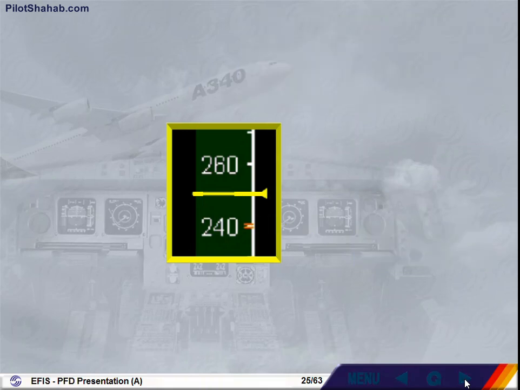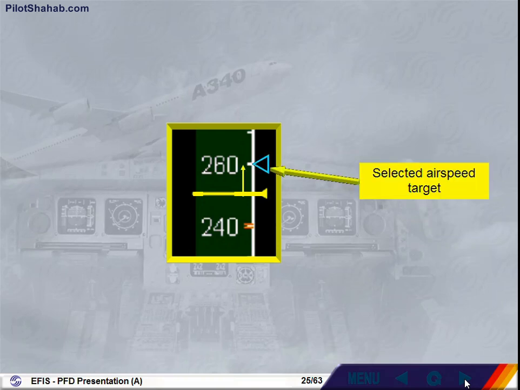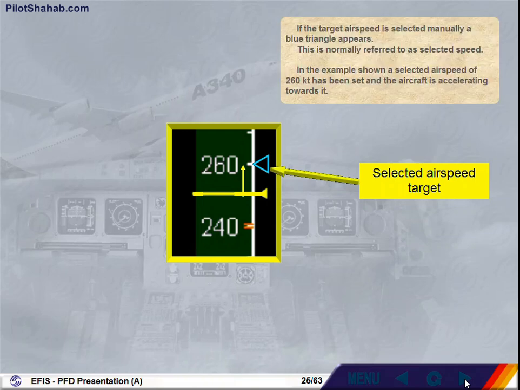If the target airspeed is selected manually, a blue triangle appears. This is normally referred to as selected speed. In the example shown, a selected airspeed of 260 knots has been set and the aircraft is accelerating towards it.